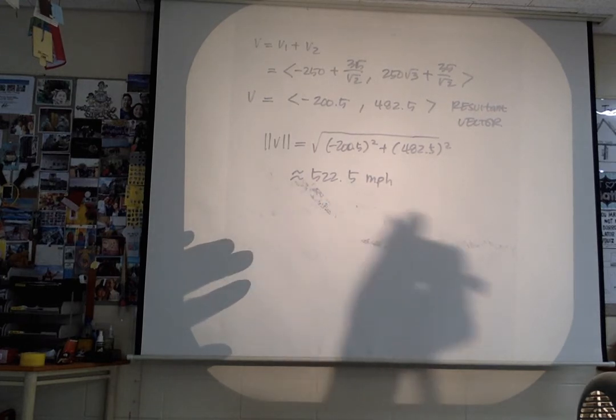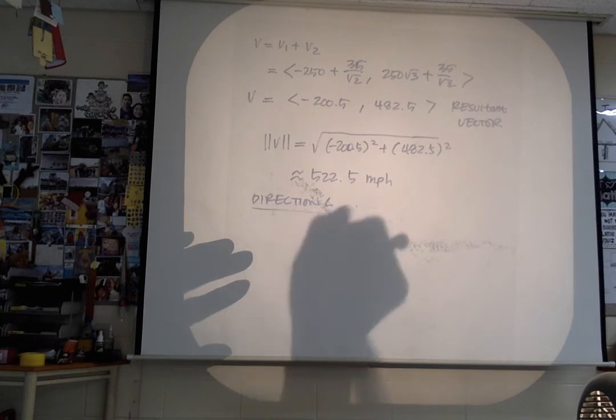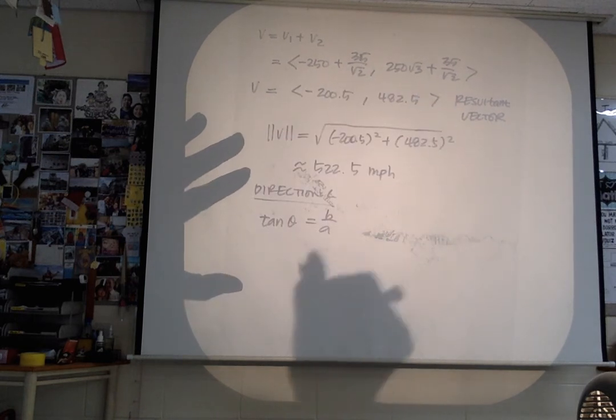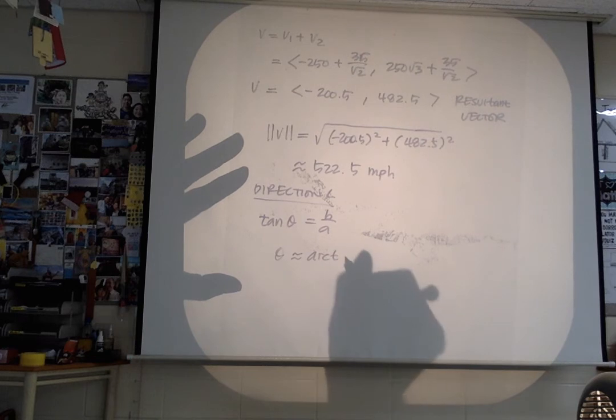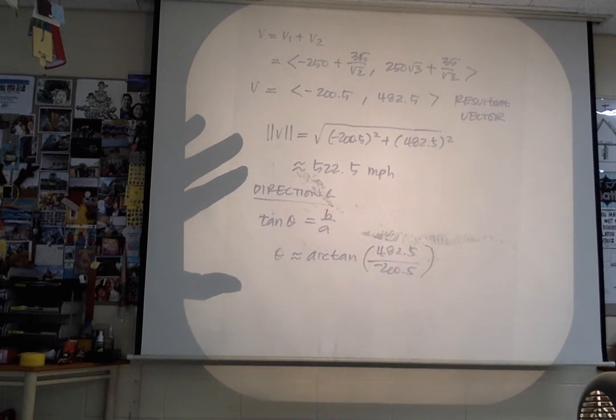Now they want us to find the direction angle. That's just tangent. Theta is equal to B over A. Our B is here, our A is here, so I'm going to do arc tangent of 482.5 over negative 200.5, because we're looking for the angle.